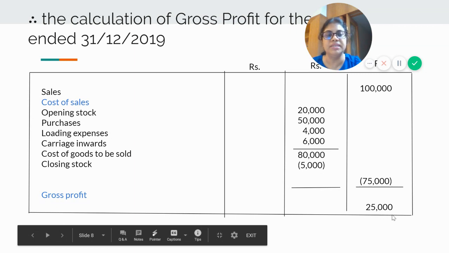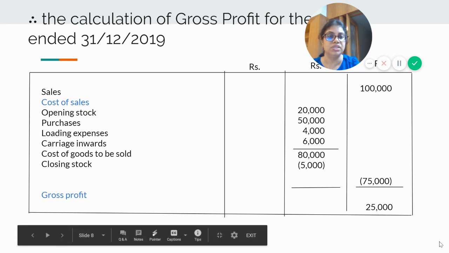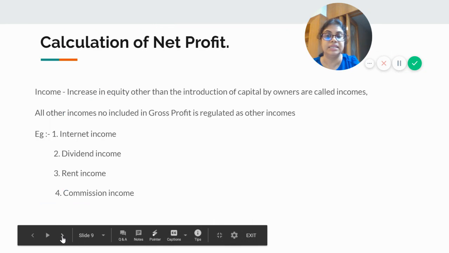So they also must be taken into account when you are preparing the financial statements, because the stakeholders are waiting to get a proper impression, a true impression or an actual impression about the business. So it's our duty to show the actual profit or the true profit. So we are going to do some adjustments to this gross profit. That's why we are calculating the net profit by considering the other incomes and expenses.